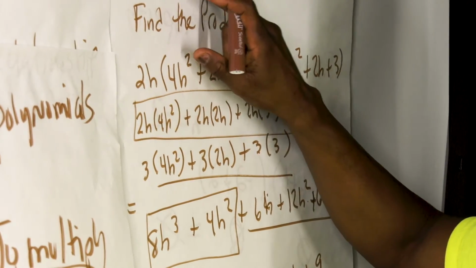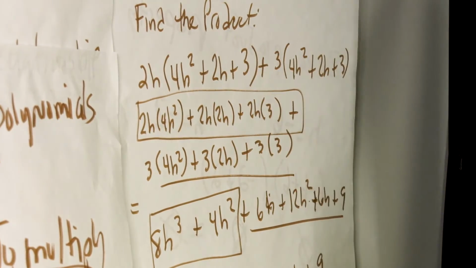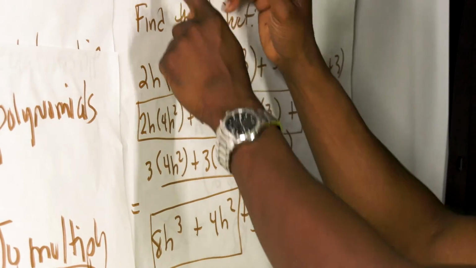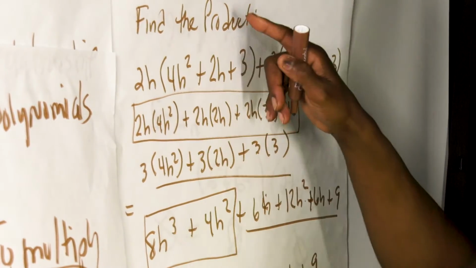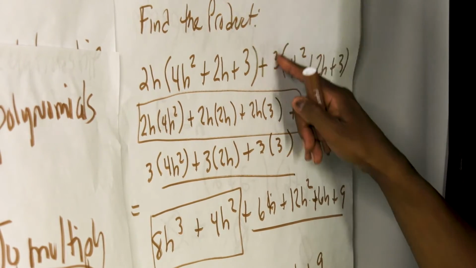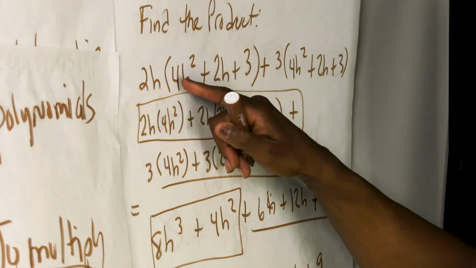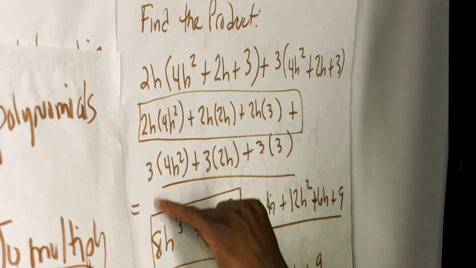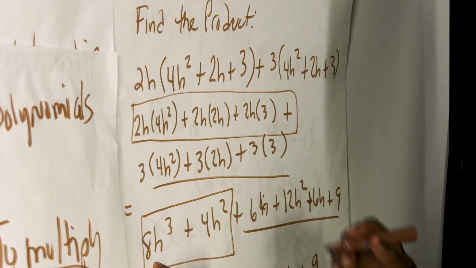So here, 2h is going to be multiplied by 4h squared, and 2h times 3. So we're going to find the product. We're going to separate these and distribute, because each one of these is its own term. As we start over here, we have 2h times 4h squared, which gives us 2 times 4, which is 8h, but to the third power.